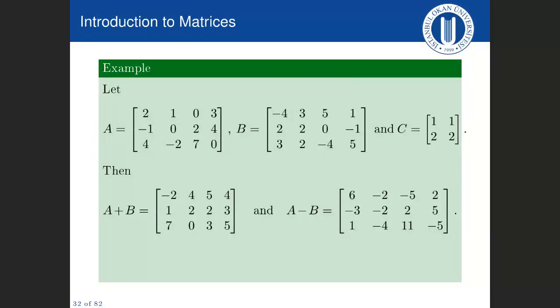So for example, top left, that's row 1, column 1, or entry 1, 1. I can do 2 plus minus 4 to give me minus 2. And then I could do 1 plus 3 gives me 4. And so on. Just add the entries in the same position together.